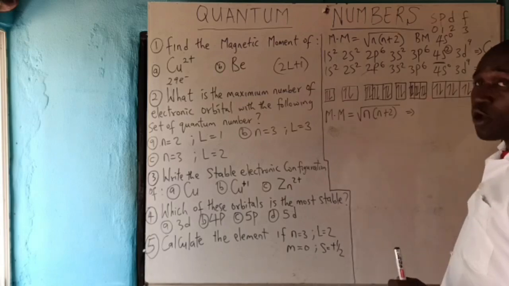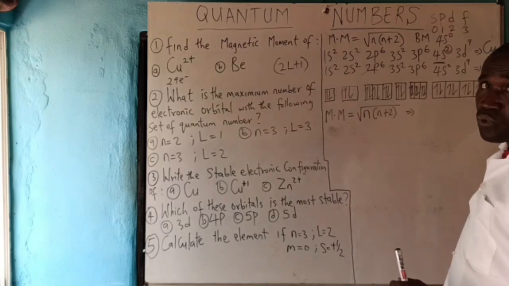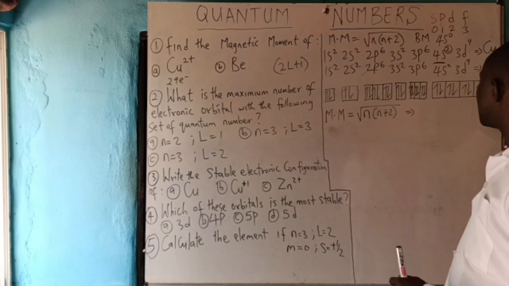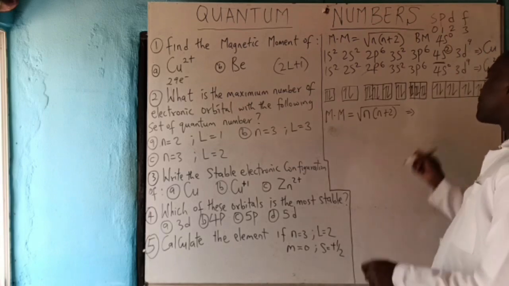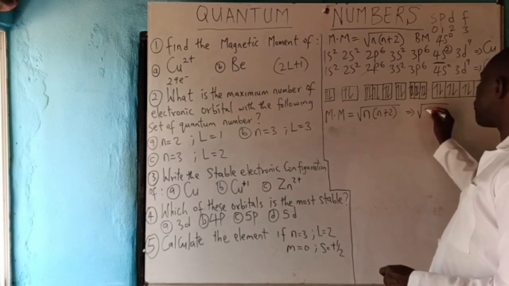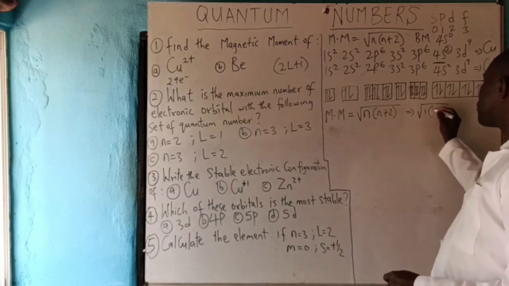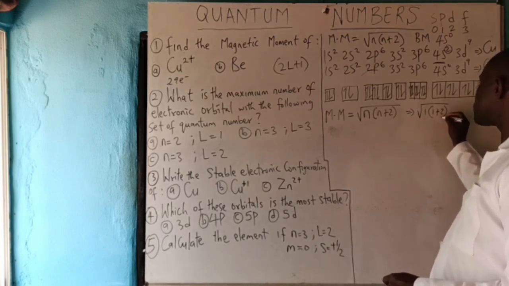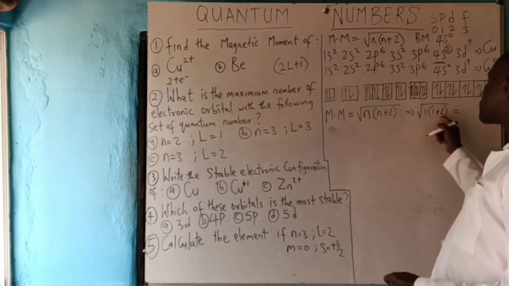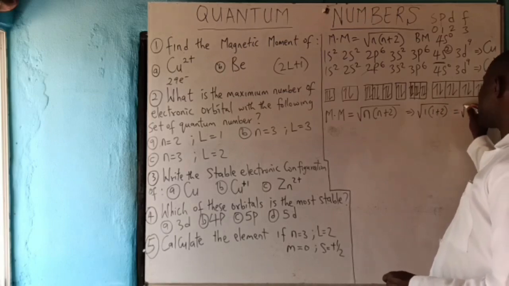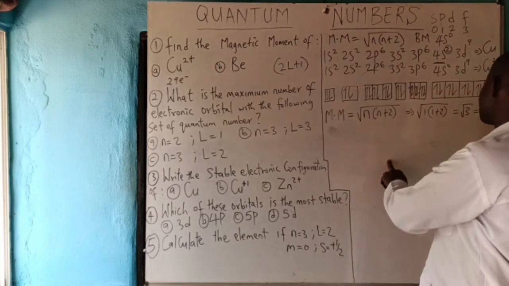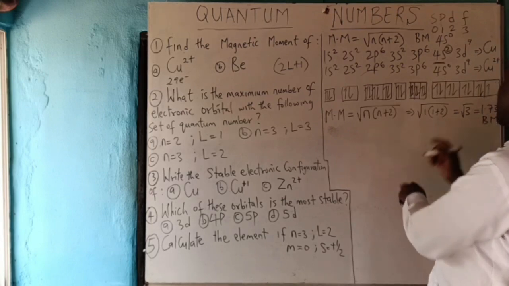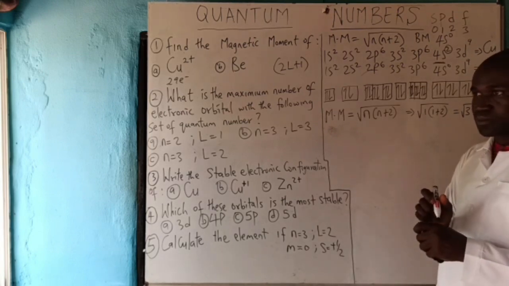We have only one orbital with an unpaired electron, so n is 1. So we say the square root of 1 times (1 plus 2), which is 1 times 3. The square root of 3 equals 1.73 Bohr magneton. The unit is Bohr magneton.